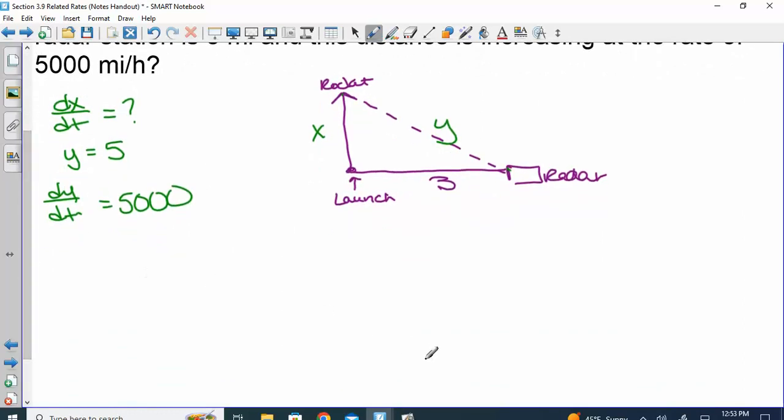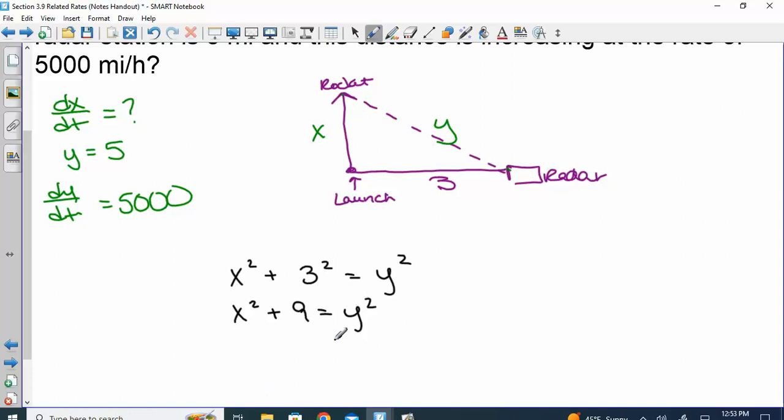Now, what kind of equation might I think about here? Probably a squared plus b squared equals c squared. So x squared plus 3 squared equals y squared. Or you can go ahead and say 3 squared is 9.